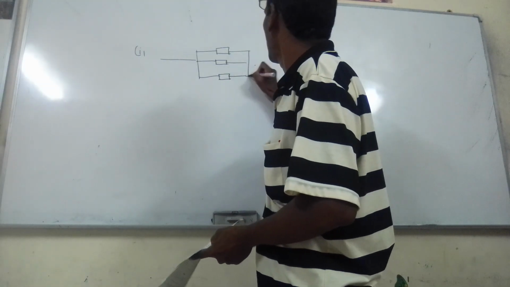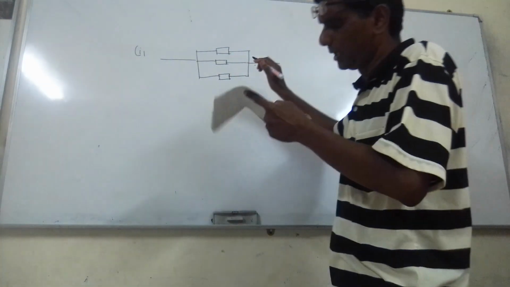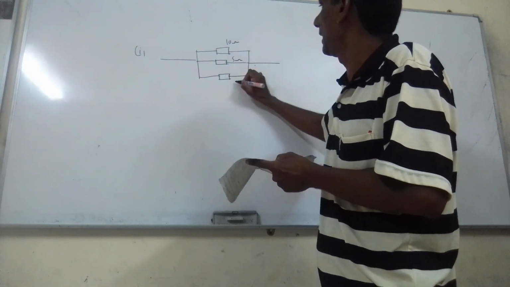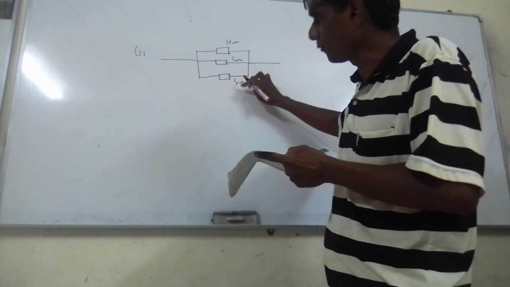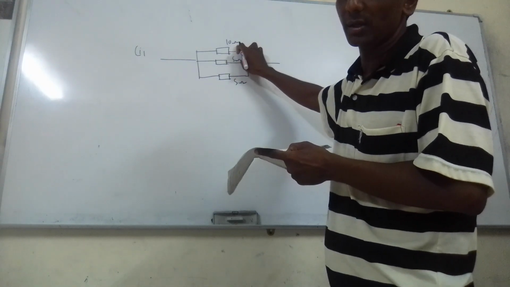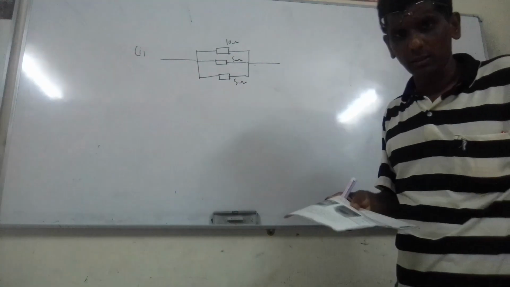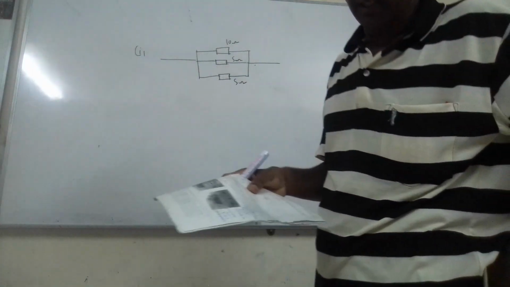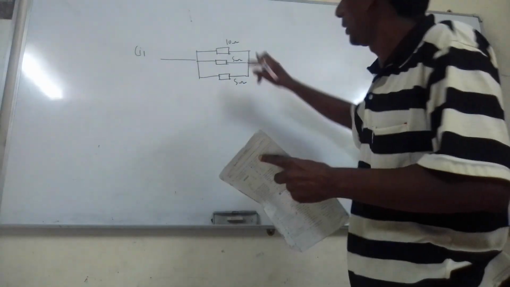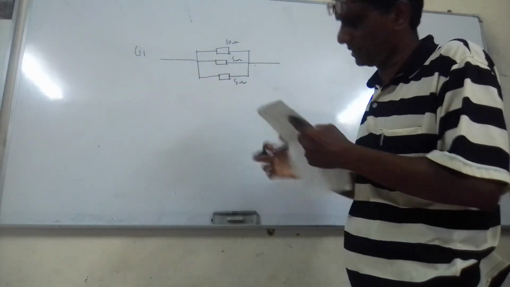This must be parallel: 10 ohm resistance, 5 ohm and 5 ohm. Because it is 1 10 ohm resistor and 2 5 ohm resistors.